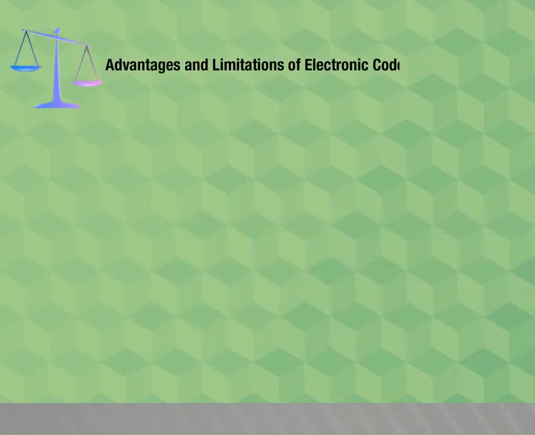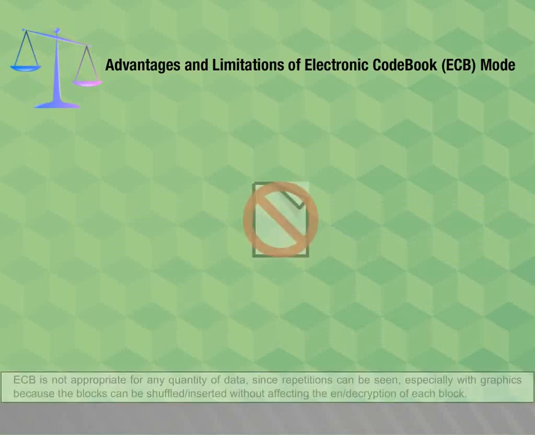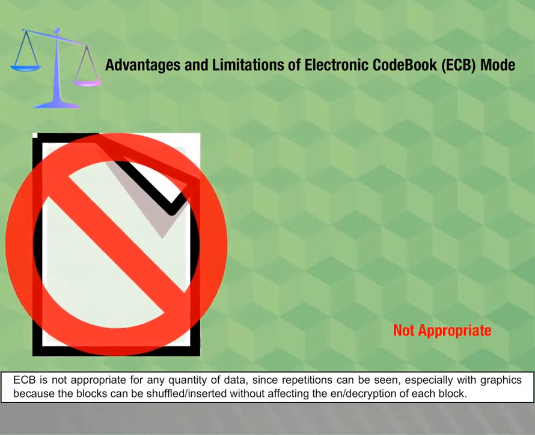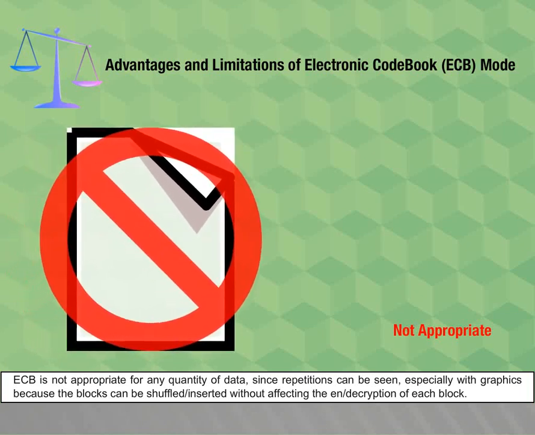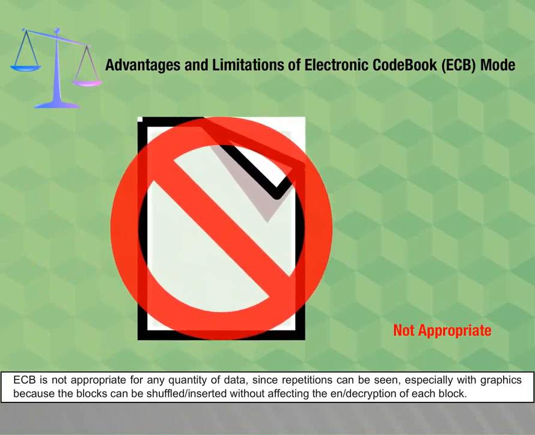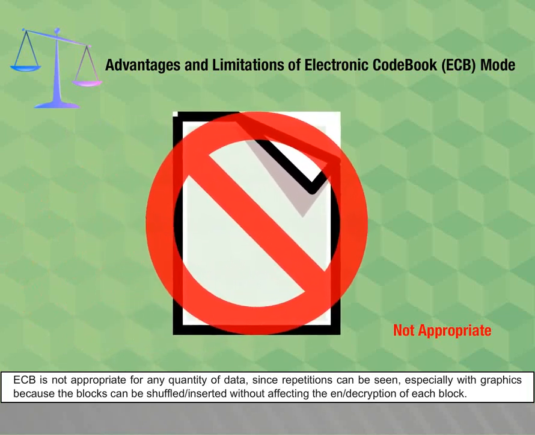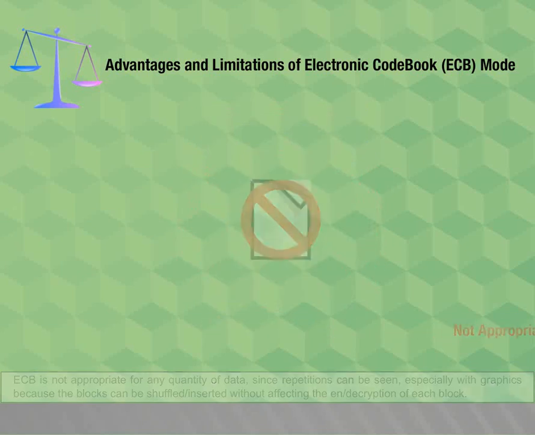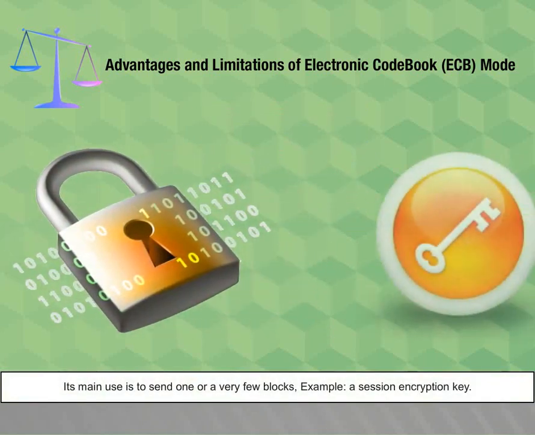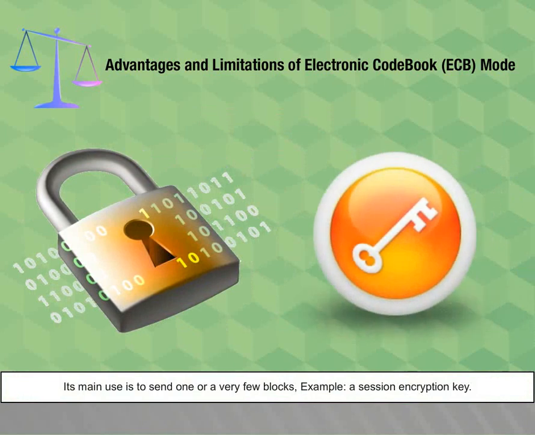Advantages and limitations of electronic codebook ECB mode. ECB is not appropriate for any quantity of data since repetitions can be seen, especially with graphics, because the blocks can be shuffled or inserted without affecting encryption or decryption of each block. Its main use is to send one or a very few blocks, for example, a session encryption key.